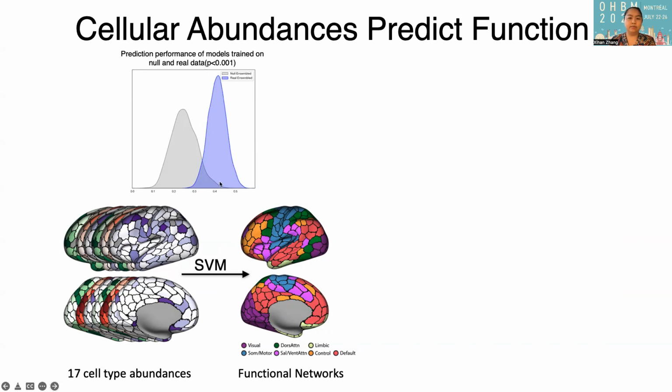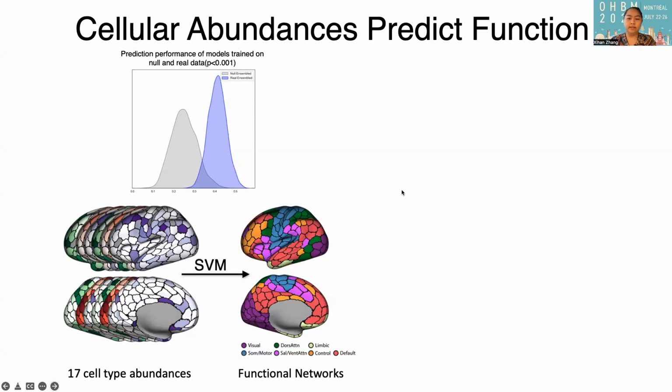A similar process was conducted on 1,000 null cell type abundance profiles generated from the spin test. The null score of the prediction performance is colored gray on the left. As you can see, in general, the classifier can predict the functional network each parcel belongs to from their cell type abundance significantly above chance.